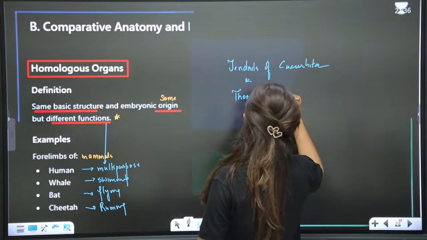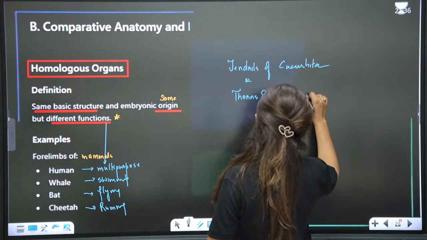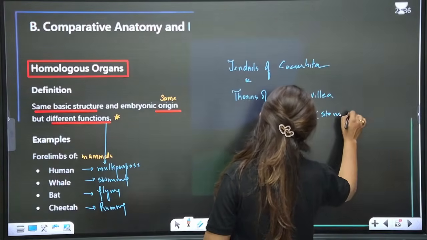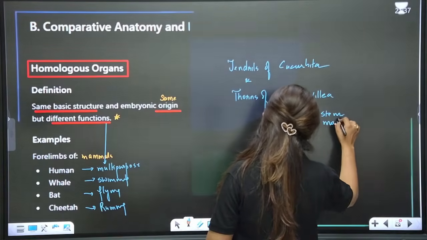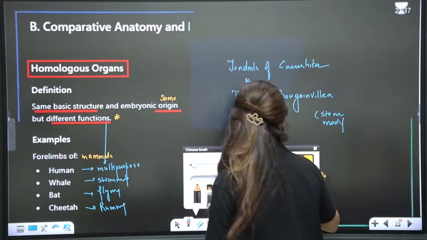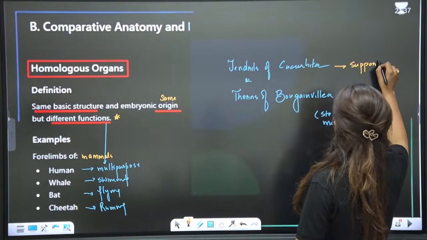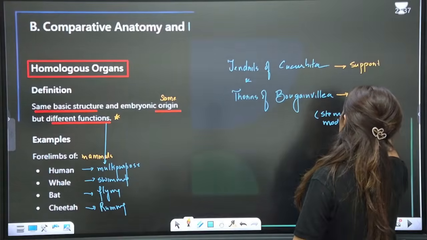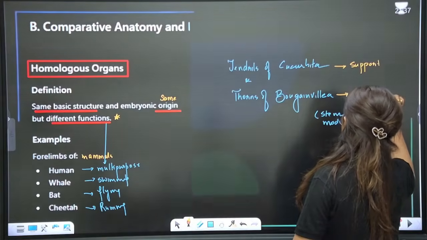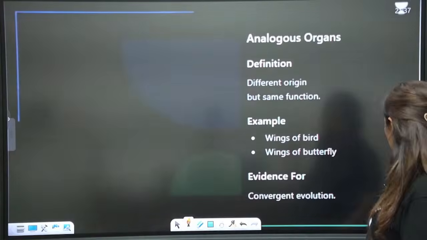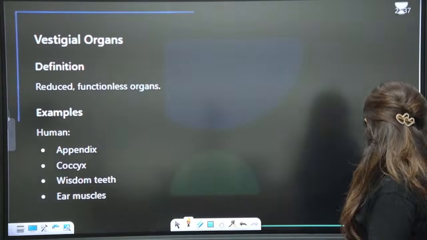Both are stem modifications, but doing different functions. What are the different functions here? This is for support and this is for protection. So different function, same structure, hence they are homologous. Is that clear?